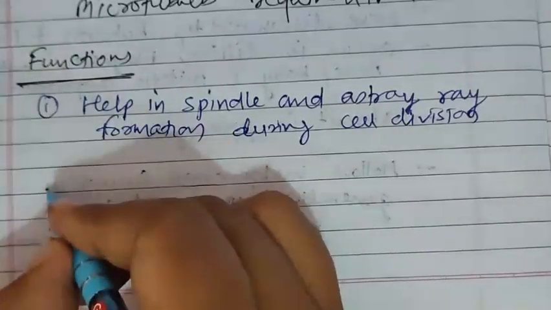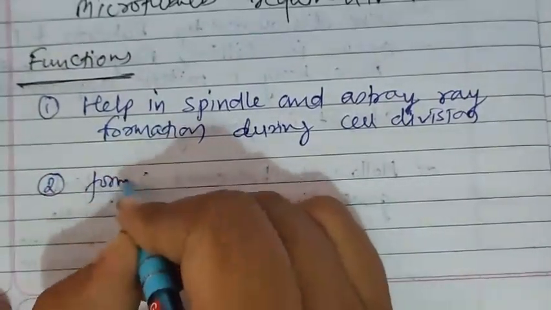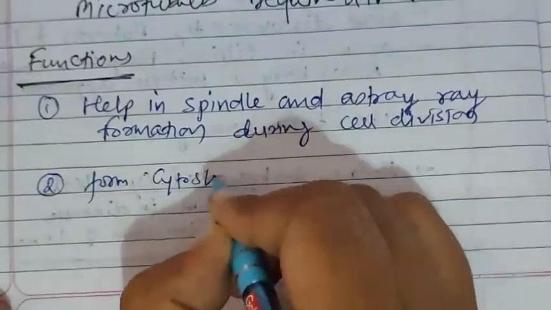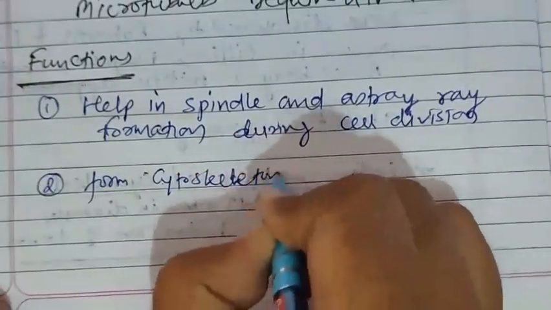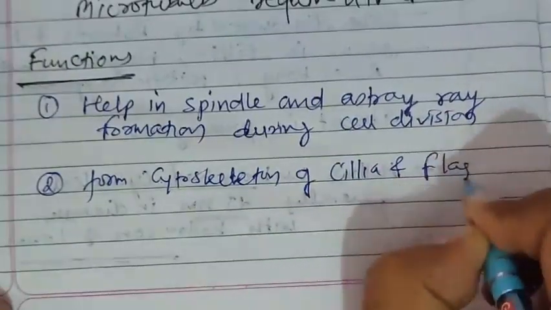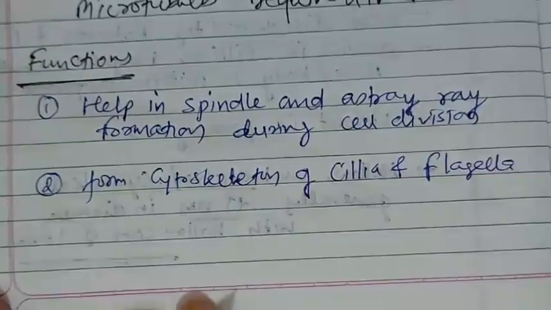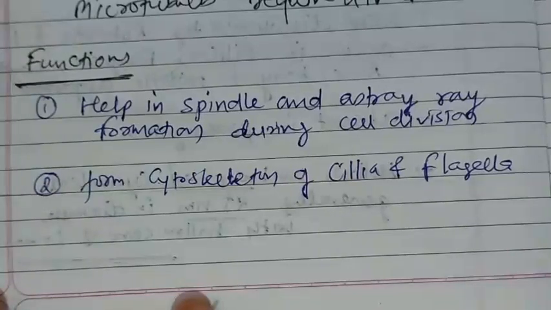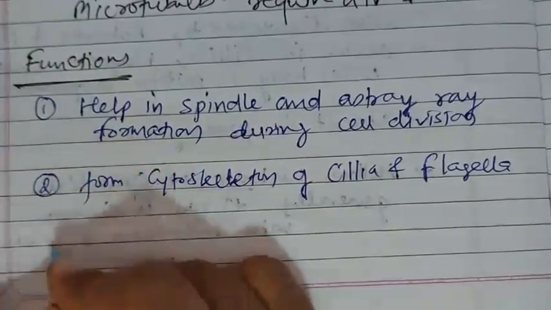Second, they form the cytoskeleton of cilia and flagella, and in cilia and flagella we are going to study the structure, where we will locate this microtubule.